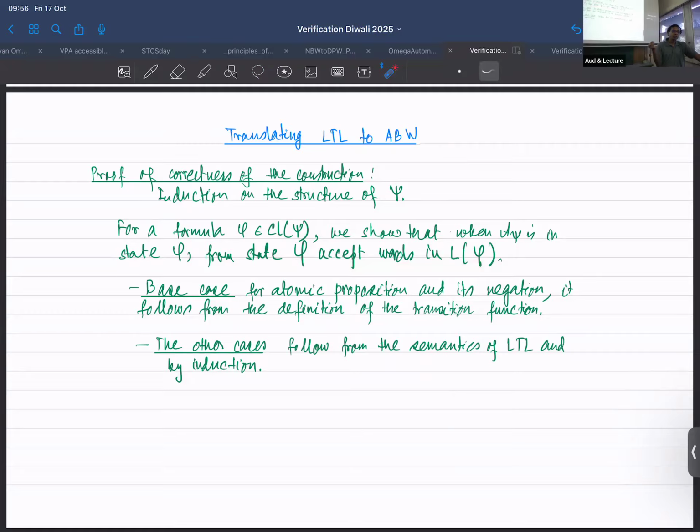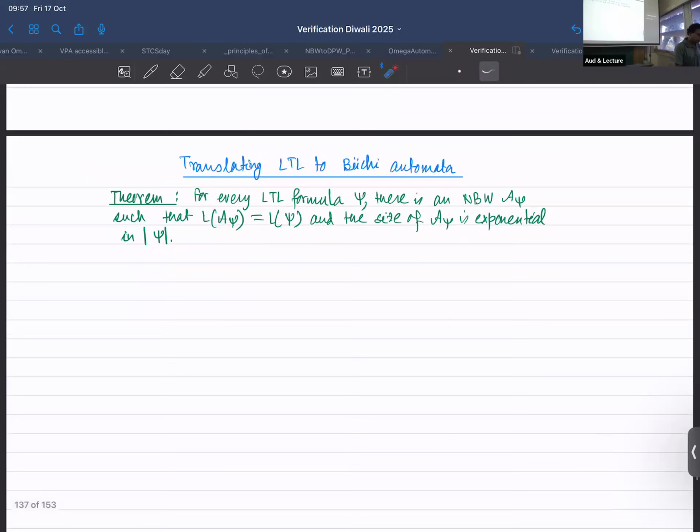That is not very difficult to see for the base case, which is atomic propositions and negations. The other cases follow from the semantics of LTL, from induction, and from the definition of alpha.